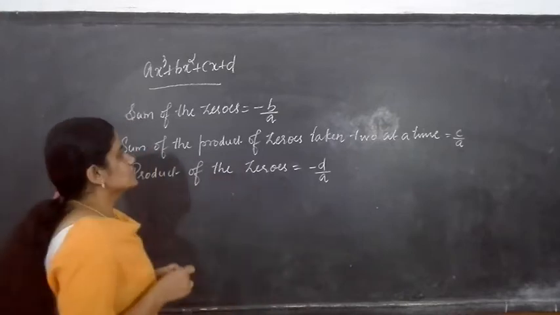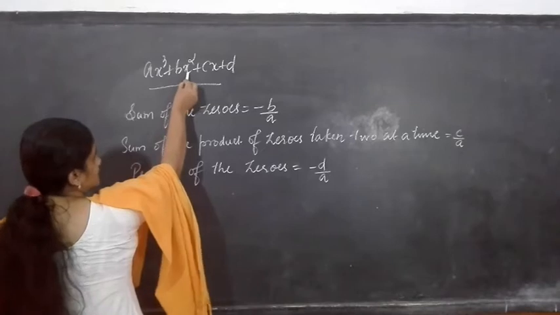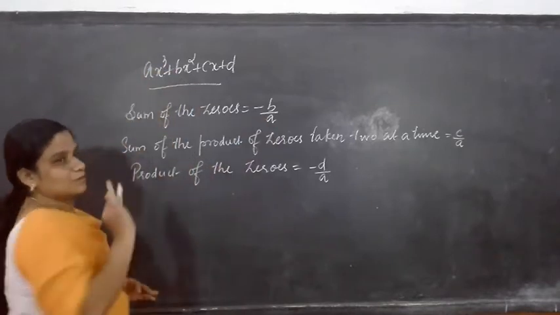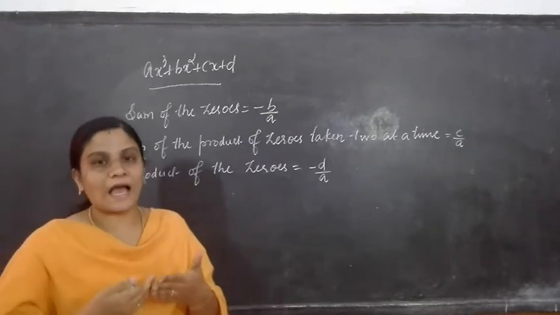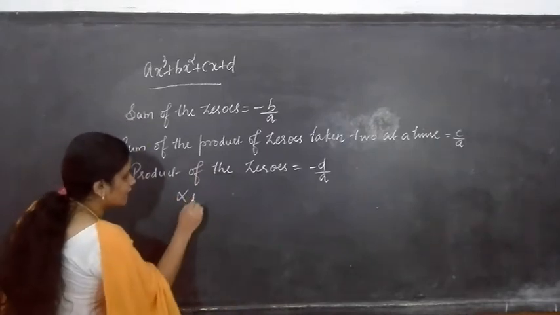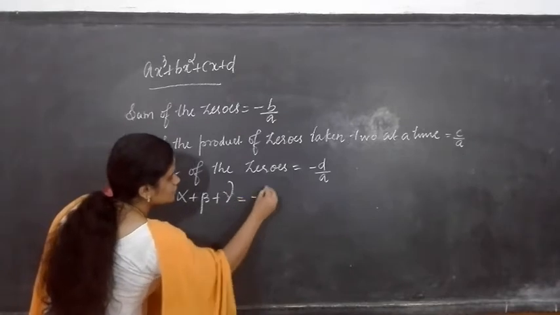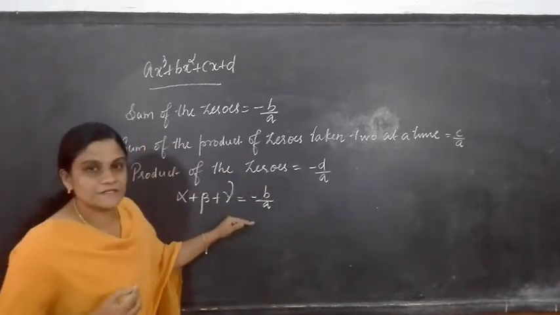Here b is the coefficient of x square and a is the coefficient of x cube. Sum of the zeros means we add those zeros, which means alpha plus beta plus gamma is equal to minus b by a. So this is the first relationship.